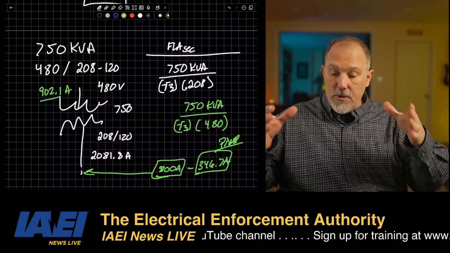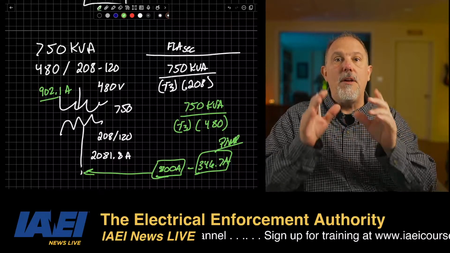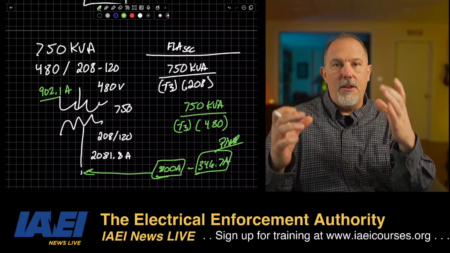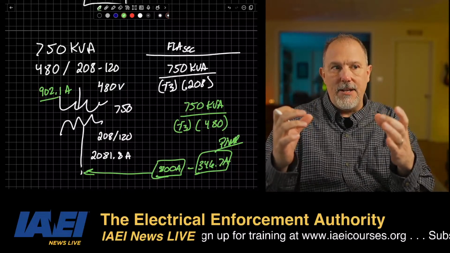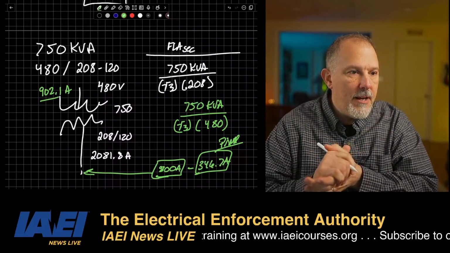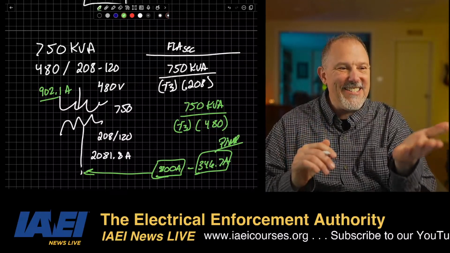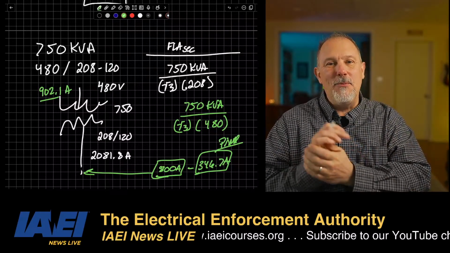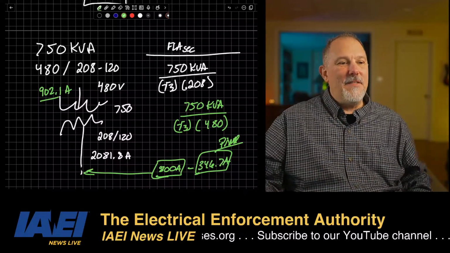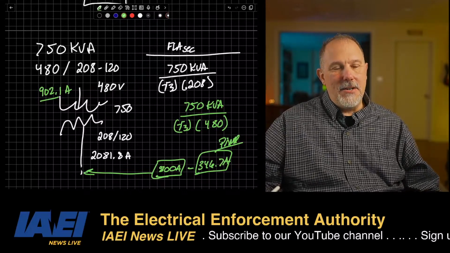The transformer will transform the current on the secondary to the primary based upon the turns ratio, which is line-to-line on the primary to line-to-line on the secondary, 3.997 to 1. That's your 3.997 to 1, which is an odd number, right? So divided by the square root of 3. Exactly, Dawn.